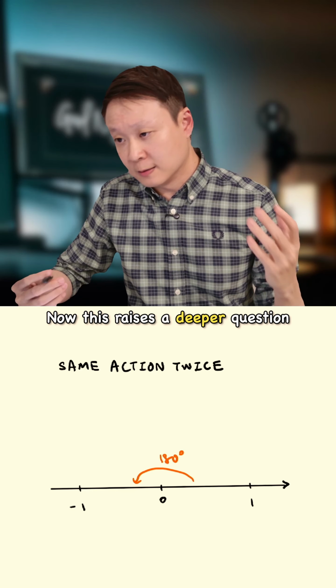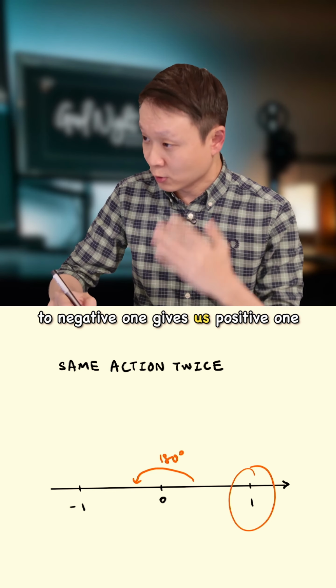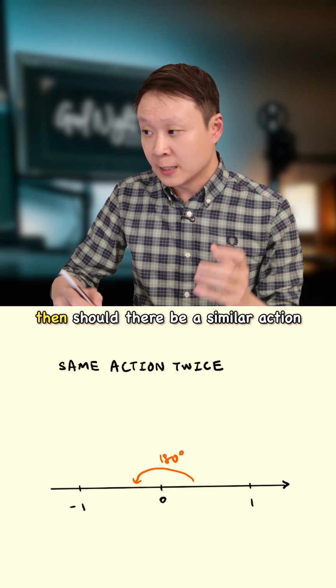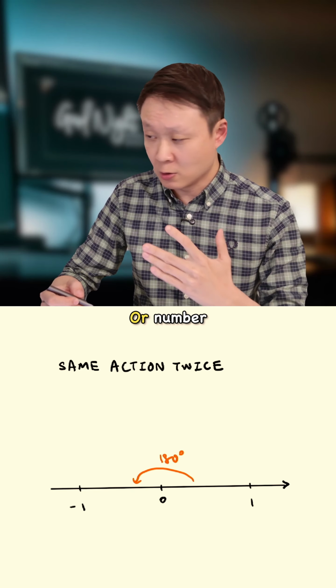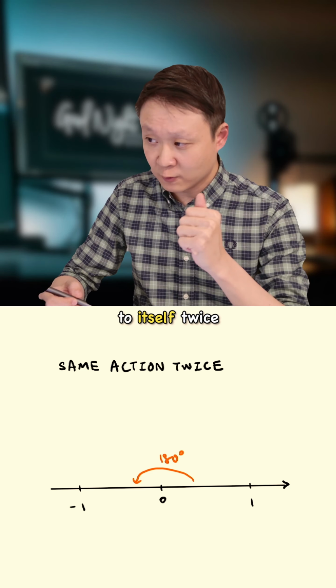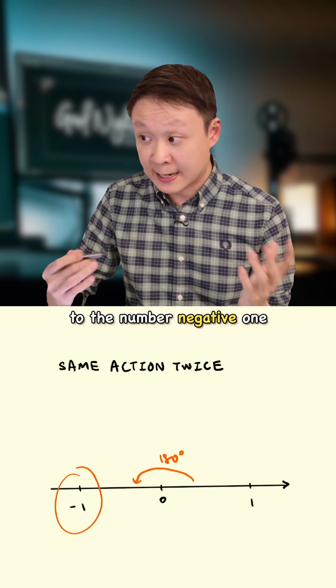Now this raises a deeper question. If -1 multiplied by -1 gives us +1, so -1 squared gives us +1, then should there be a similar action or number that, when multiplied by itself twice, will lead us to the number -1?